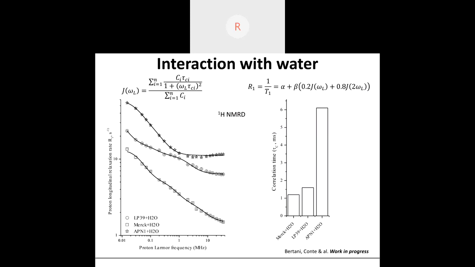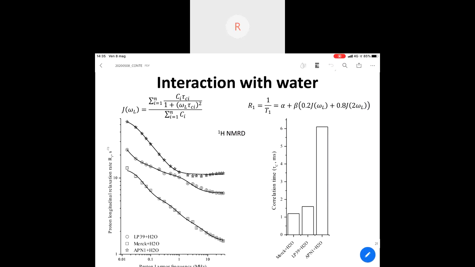Actually, what we saw is that the homemade biochar showed a very good affinity for water as compared with the LP39 biochar. And this was also confirmed by the quantitative evaluation of the correlation times that you can see on the right side of this slide.